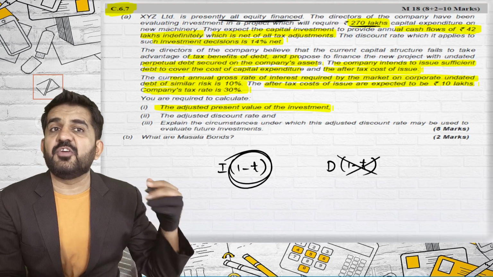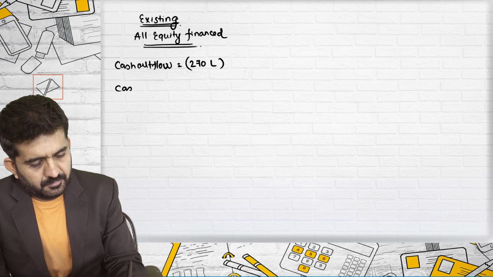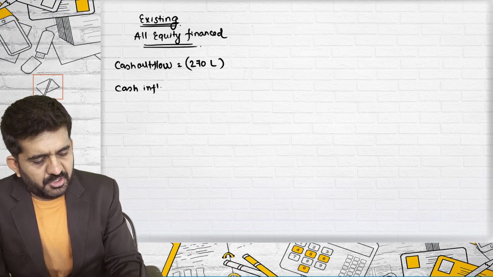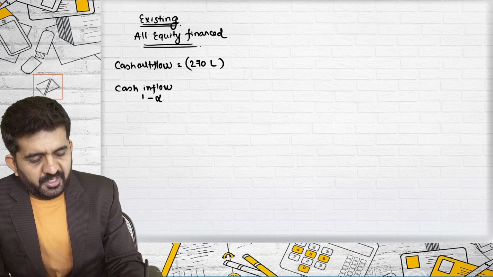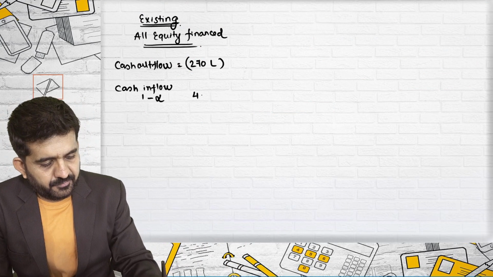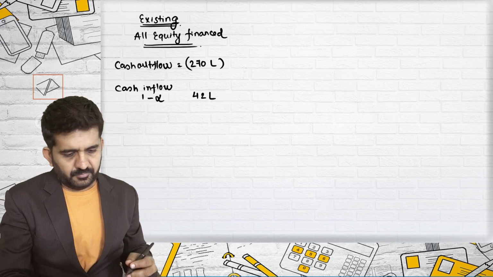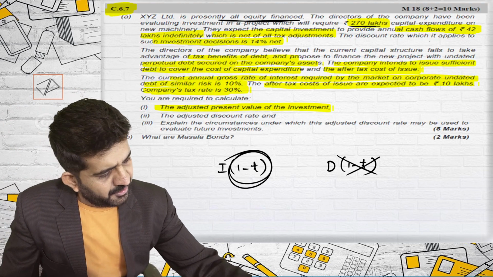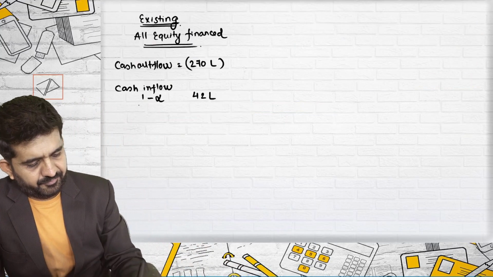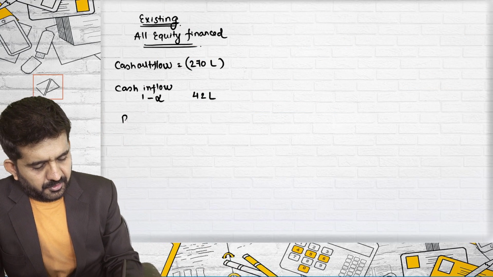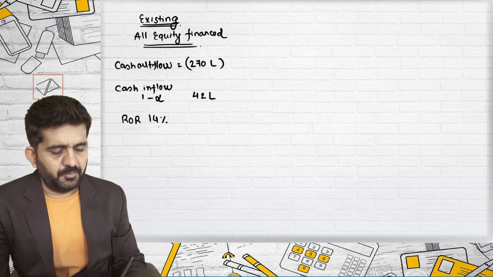What is my cash inflow after all the taxes? It is 42 lakhs. Cash inflows from 1 to infinite years will be 42 lakhs. The required rate of return on such an investment is 14% net.